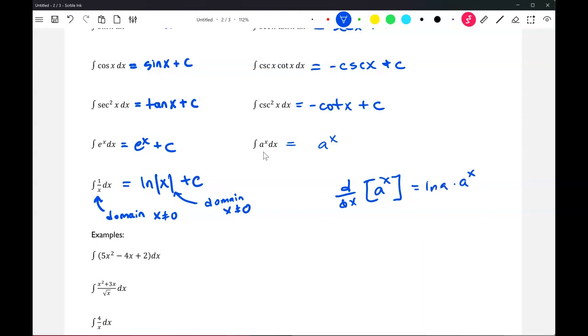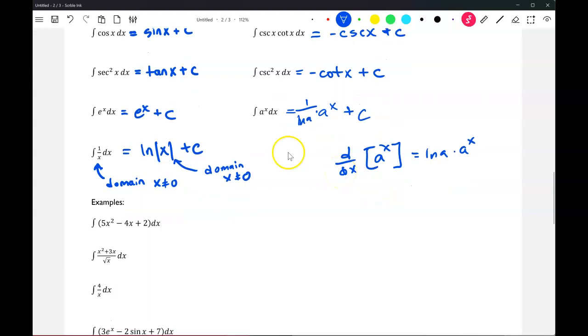So we don't have this ln of a there. What would make that cancel when taking the derivative? We need a 1 over ln of a as our constant being multiplied by a to the x. And I almost forgot my plus c. I'm about to start losing points if I forget that plus c.